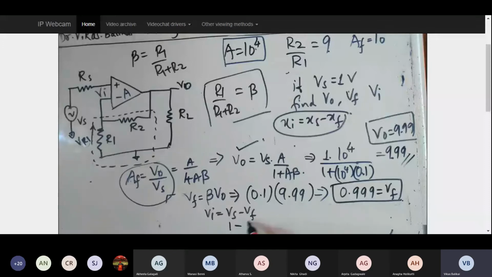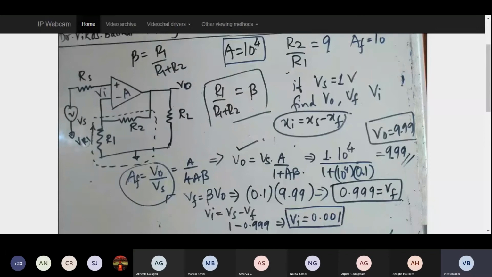And what will be my Vi now? 1 minus 0.999 will be 0.001. So this will be my input voltage. This is how I obtain my entire input voltage, output voltage, and feedback voltage.